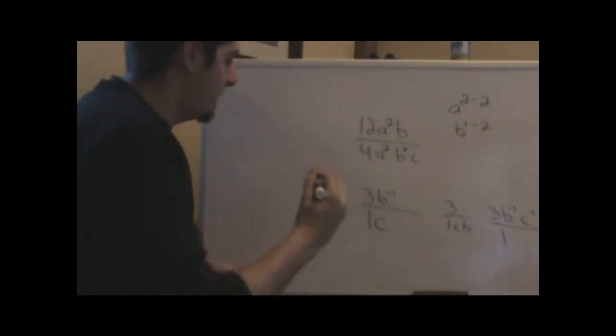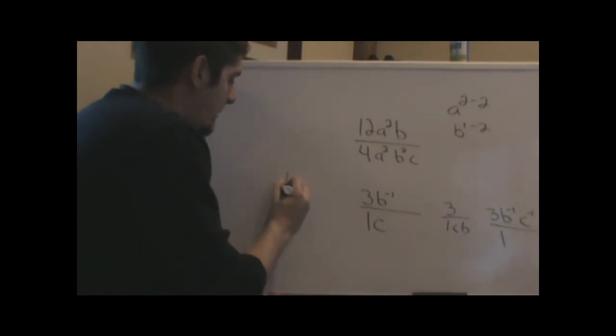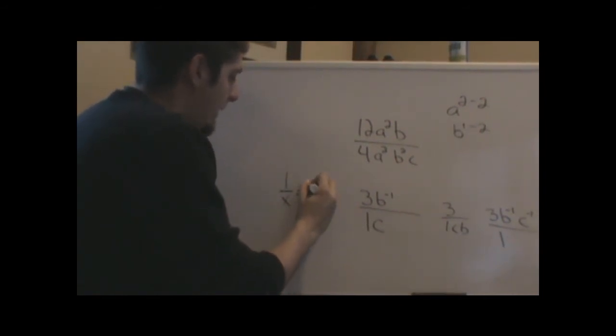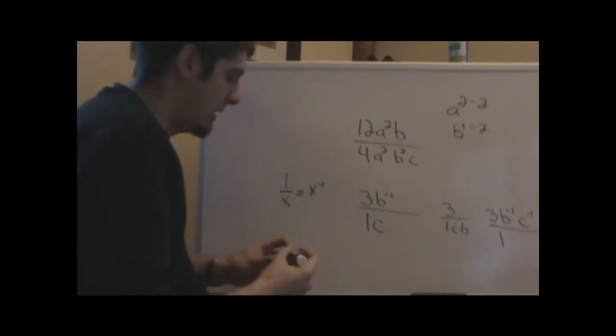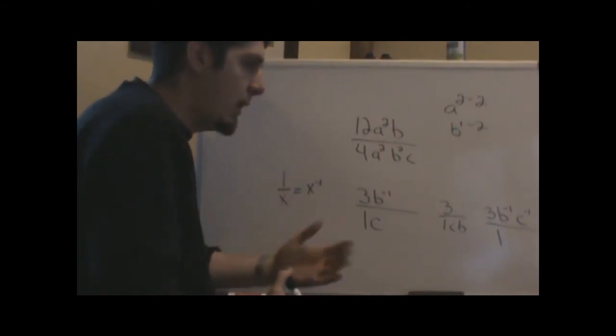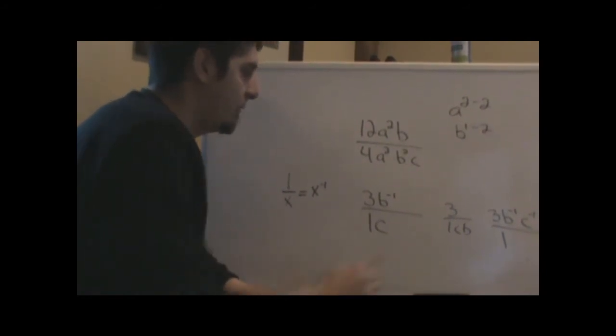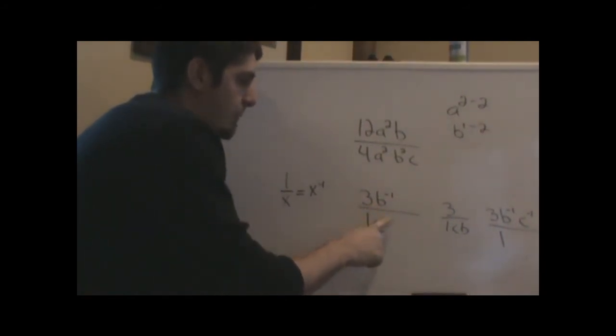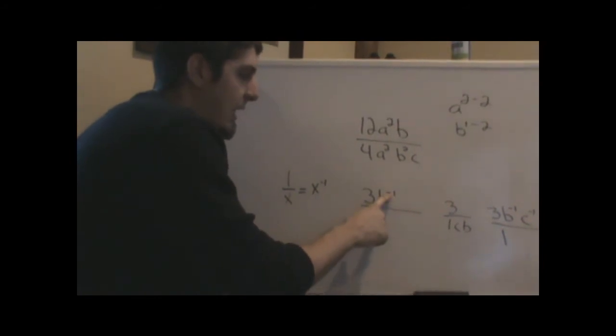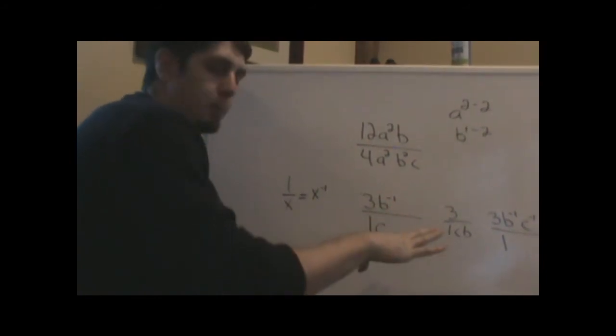But just real quick, if you remember correctly, I said 1 over x is equal to x to the negative 1. So the quick way to understand this, or the easy way to think about this, is if I move this b to the bottom, the exponent sign flips.